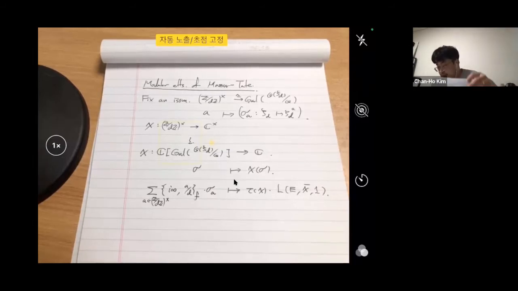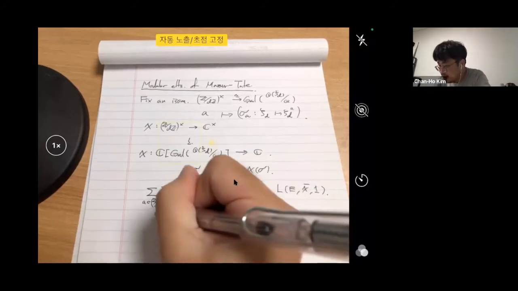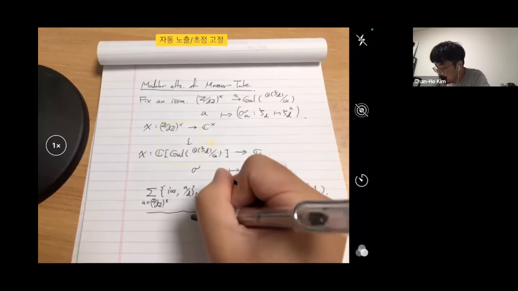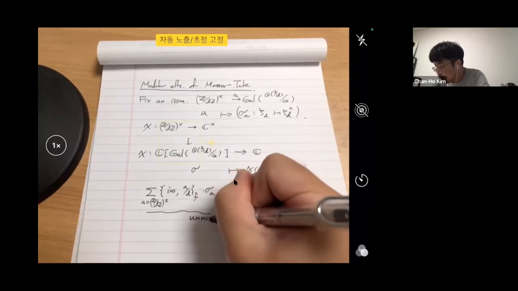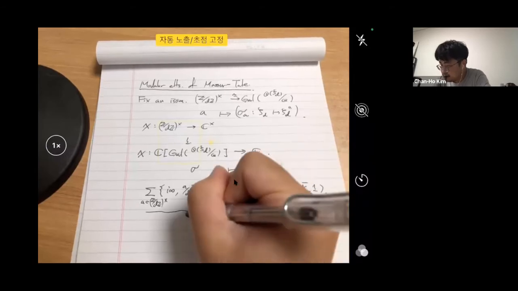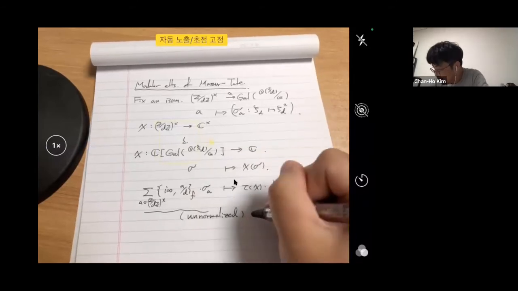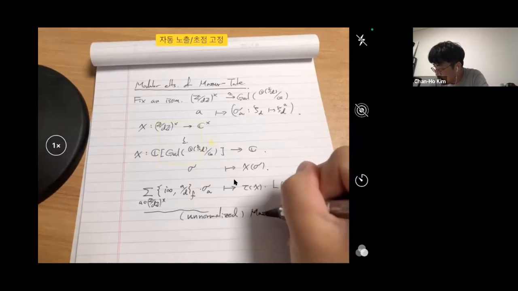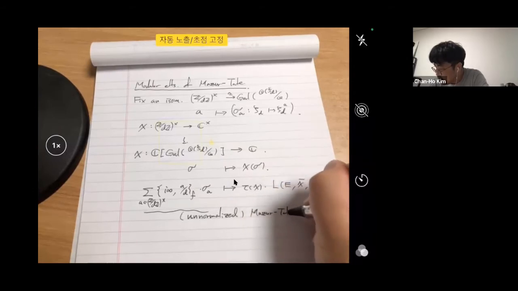And so this element can be regarded as an unnormalized Mazur-Tate element. The modular element, whatever, is the Mazur-Tate element.